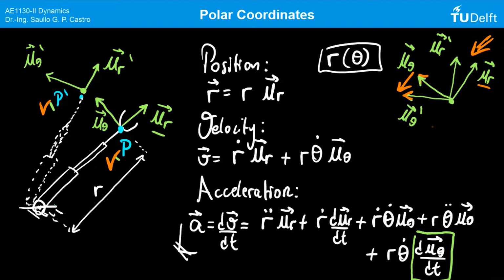In a sense, we can just write the variation of u theta with time as minus theta dot ur.